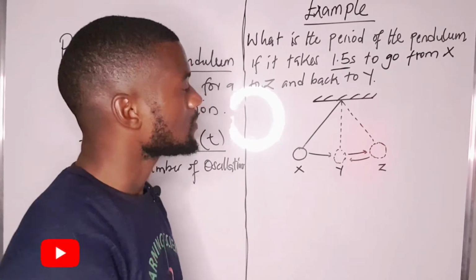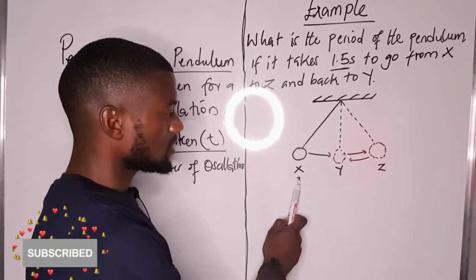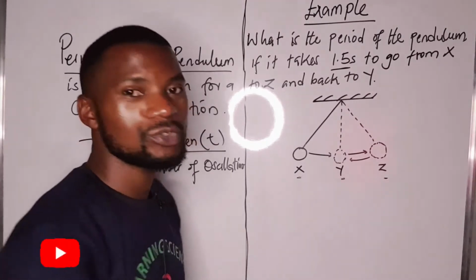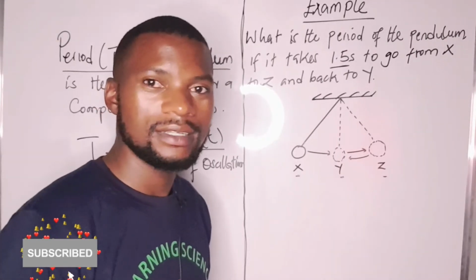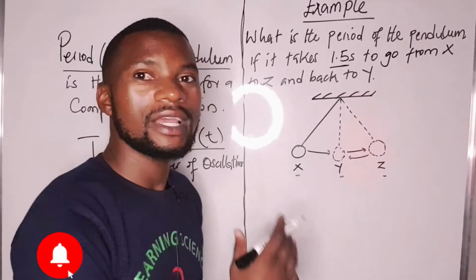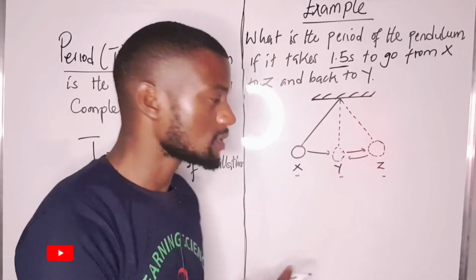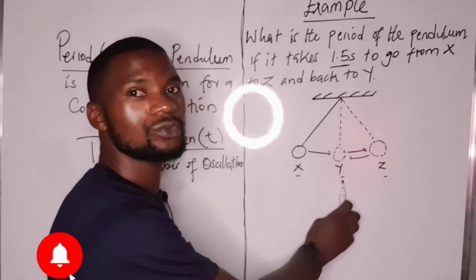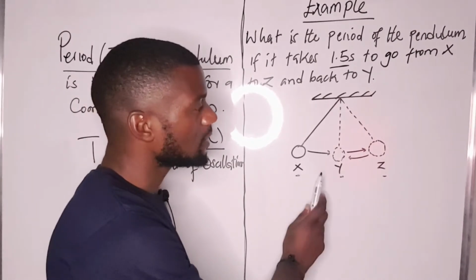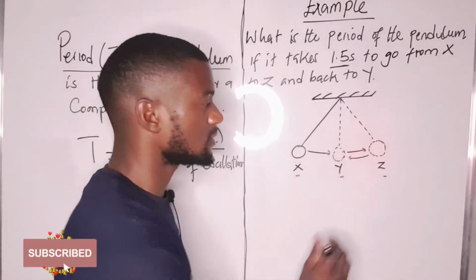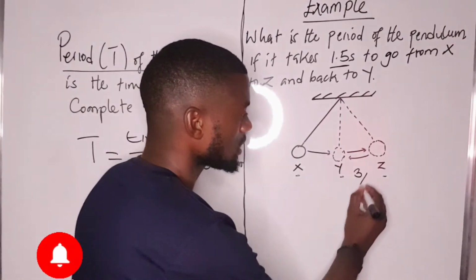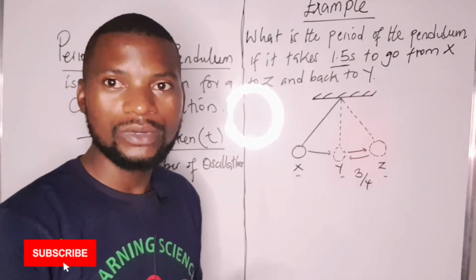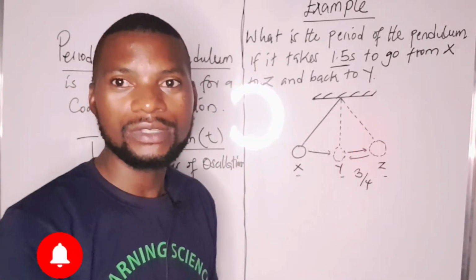The bulb moves from X to Z and back to Y, meaning it did not make a complete oscillation. This kind of oscillation is 3/4. That is the oscillation which was made. So it's 3/4 of an oscillation.